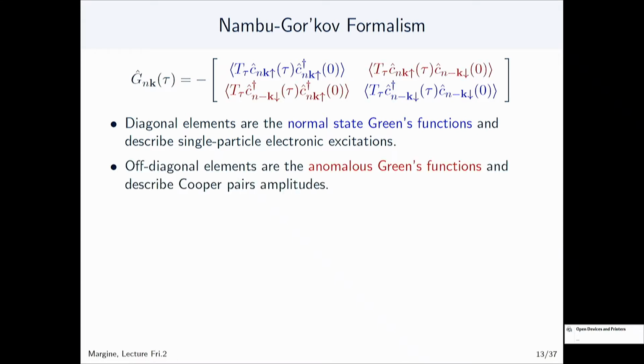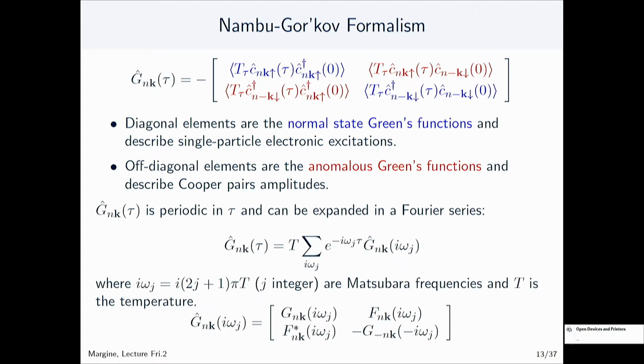So these off-diagonal elements are called anomalous Green functions and describe the Cooper pair amplitude. If these off-diagonal elements are zero, you will just have the behavior of a normal metal, and these elements are non-zero only in the superconducting state.